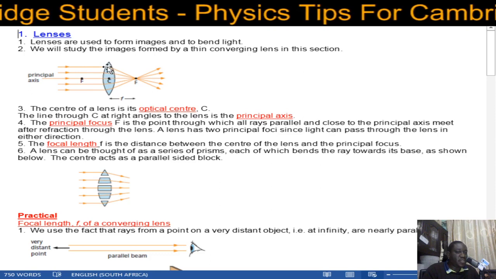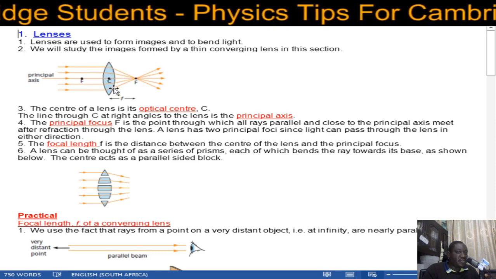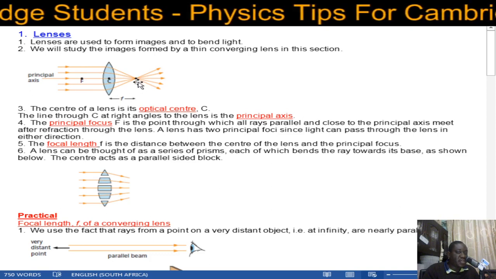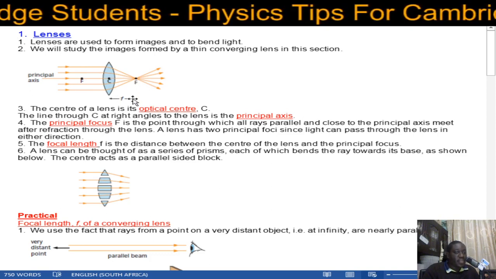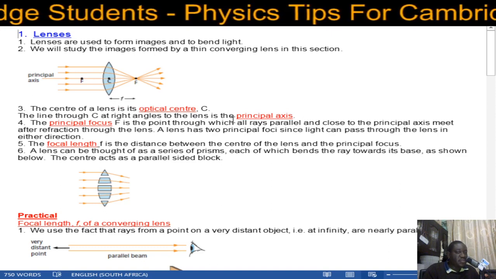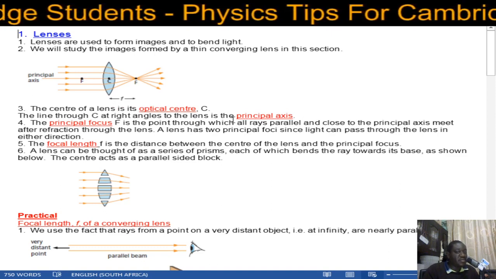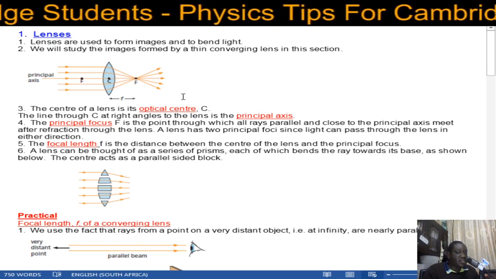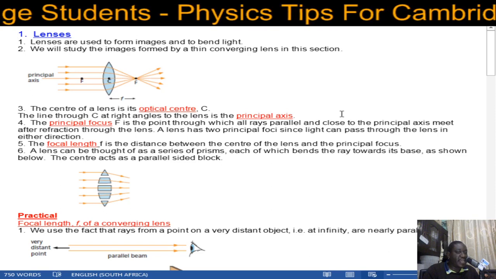Focal length, small letter f here, is the distance between the center of the lens and the principal focus. So from C to F, that distance there is a small letter f, which is the focal length.